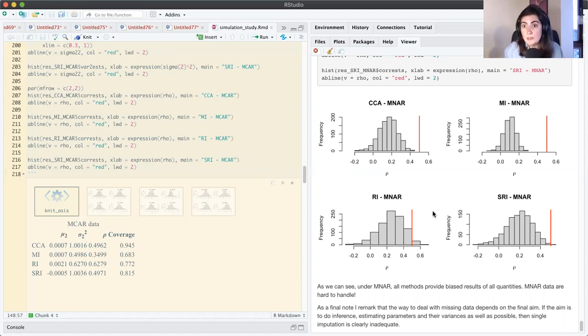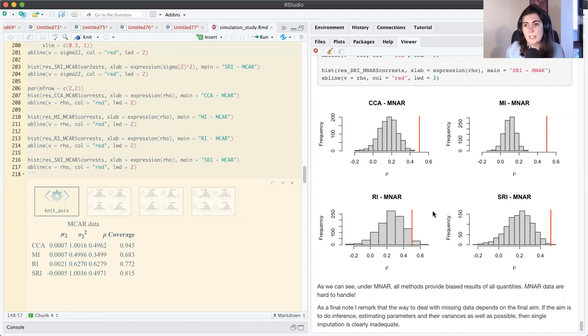But most of the time, as statisticians or data scientists, we need to take uncertainty into account, and stochastic regression imputation fails in that regard. But if you are just interested in point estimates, stochastic regression imputation is a good method to consider. And that's it for this part.